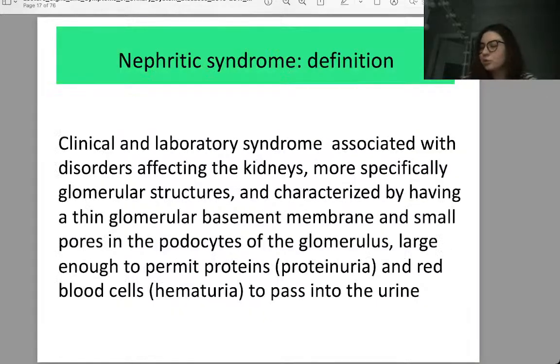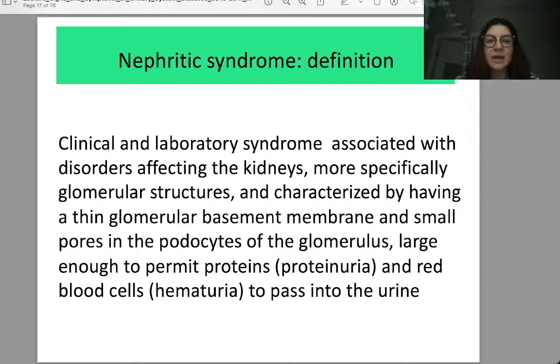Next syndrome for today is nephritic syndrome. It is different from the previous one in just one letter, but clinically the difference is significant. Let's give a definition. What is nephritic syndrome?